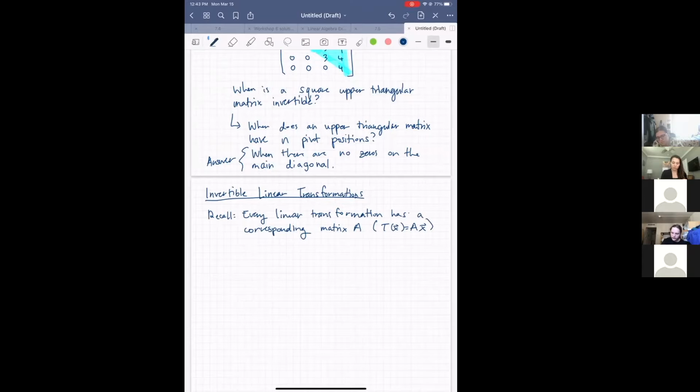So there's this nice correspondence. And also matrix multiplication corresponds to the composition of those linear transformations.